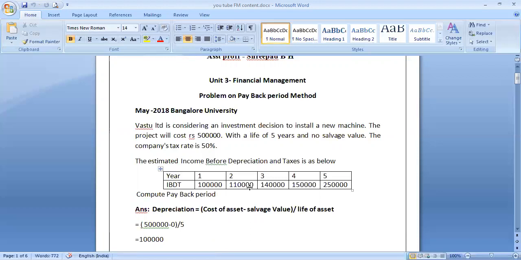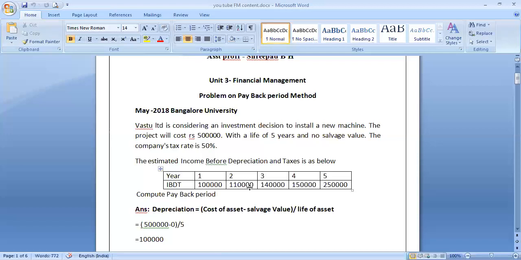So start with the calculation of the depreciation, because for the payback period method we need cash inflows before depreciation after tax. So first we have to calculate the depreciation. The depreciation formula is cost of asset minus salvage value divided by life of the asset.